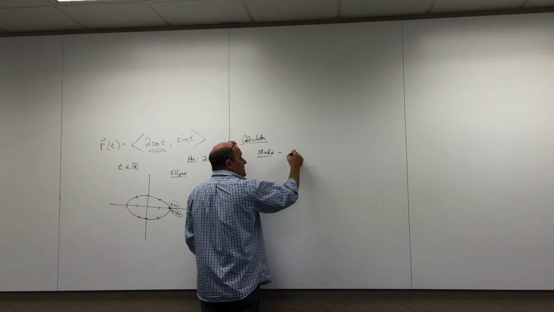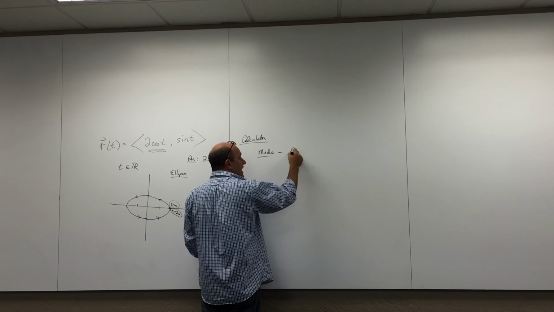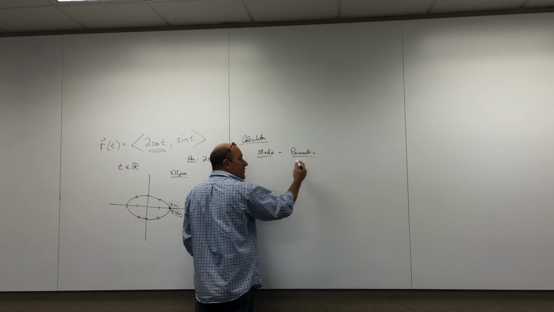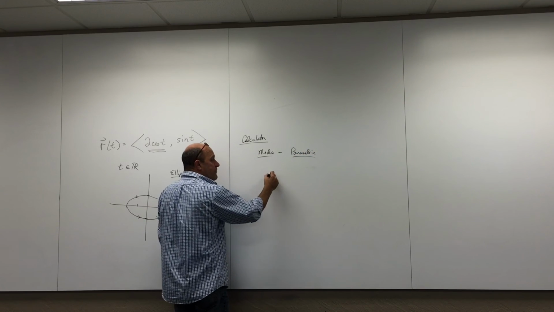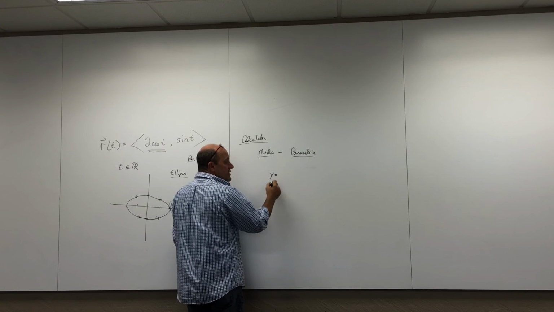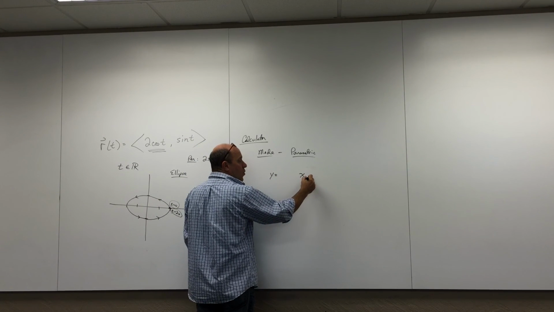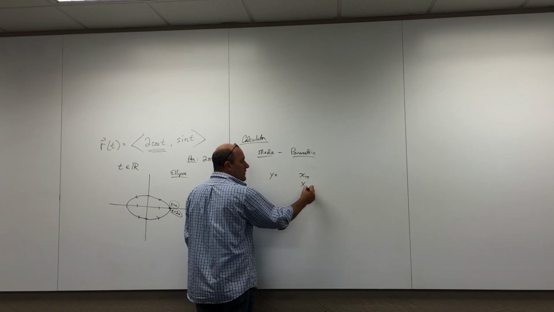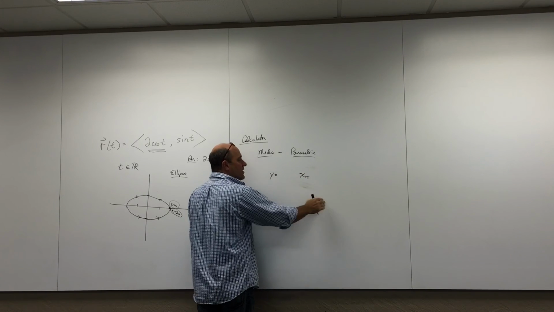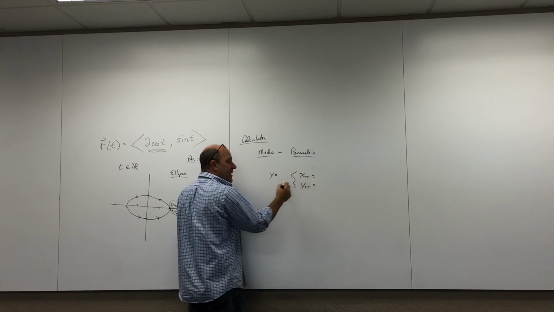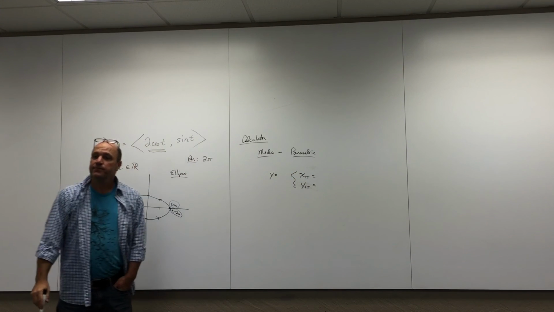You've probably always been in function mode, but you can get into parametric mode. Then when you type y equals, you see x1 of t and y1 of t, and you can type in these parametric equations.